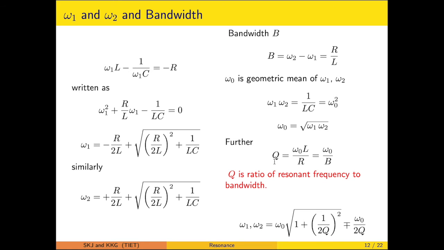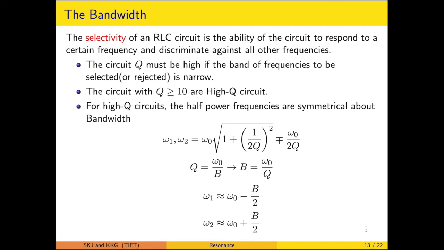Now this Q is substituted in these expressions. So we get the expression of the half power frequency as omega 0 times square root of 1 plus (1 upon 2Q) whole square, minus plus omega 0 upon 2Q. Simple substitution works to obtain this expression. This Q we previously correlated with the 3 different Q parameters, and that helps to define the selectivity.